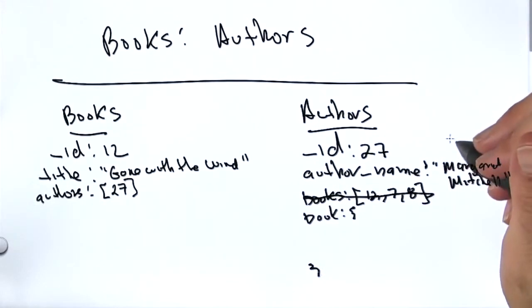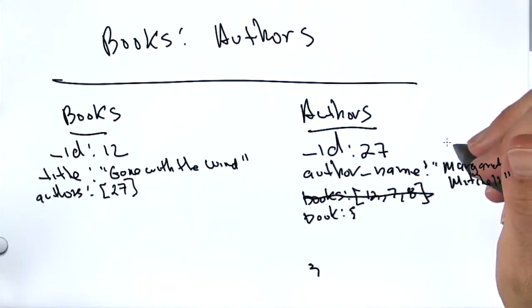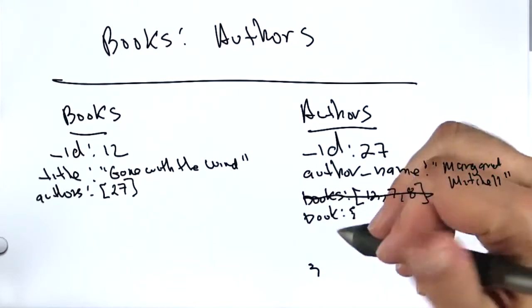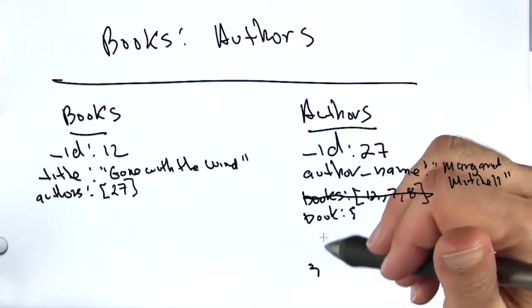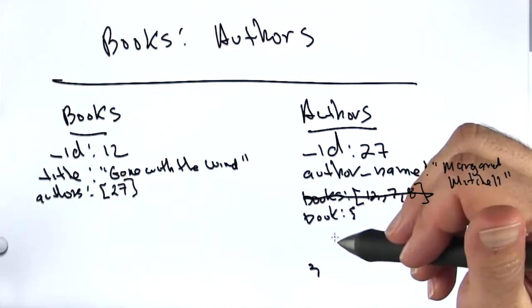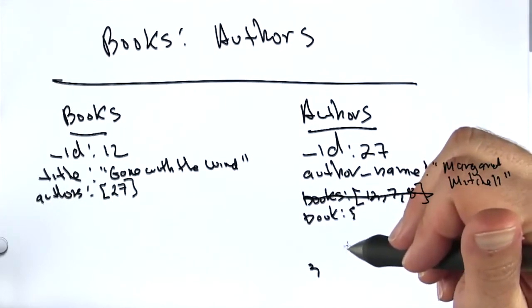But I don't love that, because what's going to happen is that the book is going to wind up, I mean not often, given it doesn't usually have multiple authors, but it could wind up in the author's collection multiple times, duplicated, and open us up to update anomalies, or modification anomalies, where the information doesn't stay consistent.